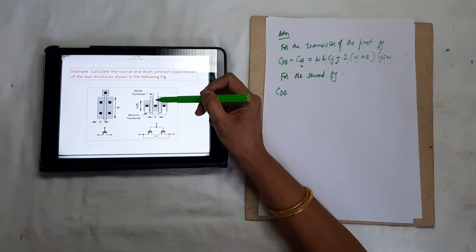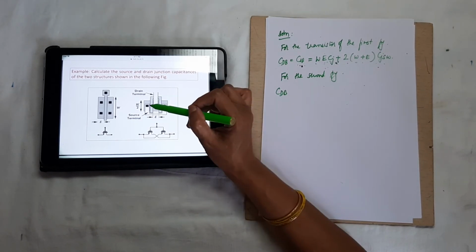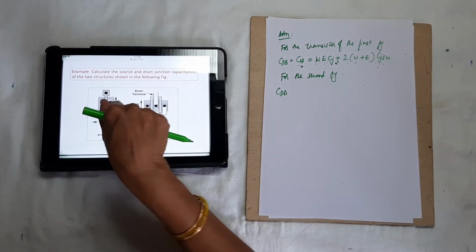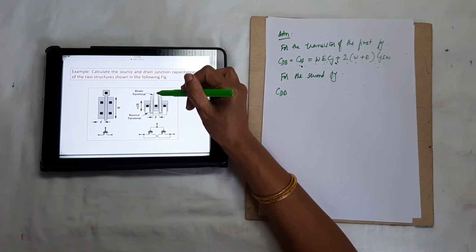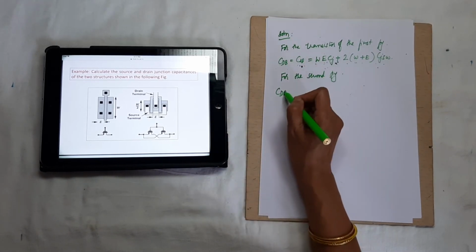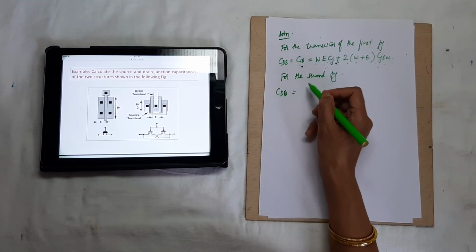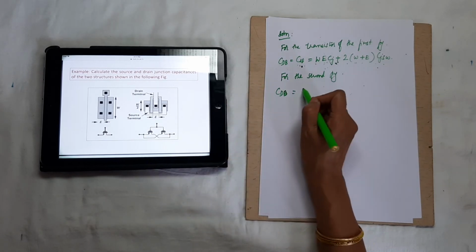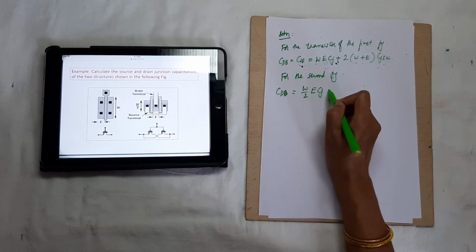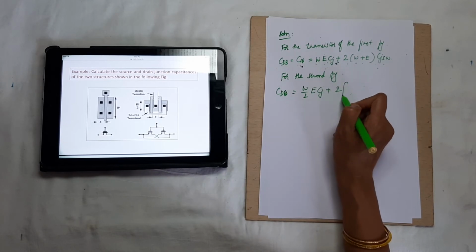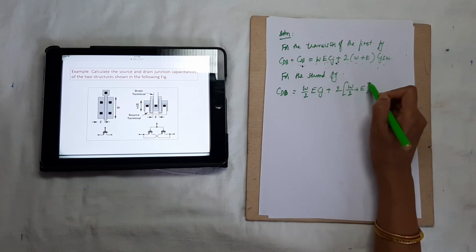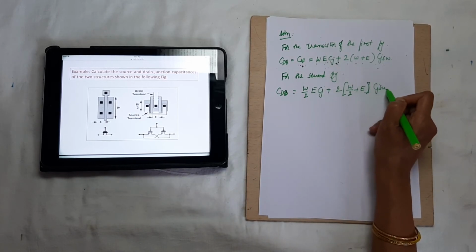Remember, the center one is the drain terminal here and the two sources are short circuited. I told you this is folded like this, therefore the center is taken as the drain terminal and these two are the source terminal. CdB is given as, what is W now? W is W by 2. So CdB is W by 2 E Cj plus 2 times W by 2 plus E into CjSW.